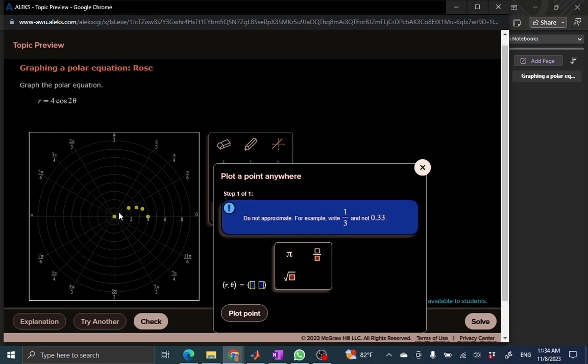Cosine of that was 0, and that's why we reached the origin. And then the next angle is going to be pi over 3. And double of that is going to be 2 pi over 3, and cosine of that is going to be minus 1 over 2. Let me go ahead and enter these numbers here. So I have the angle is 2 pi third.